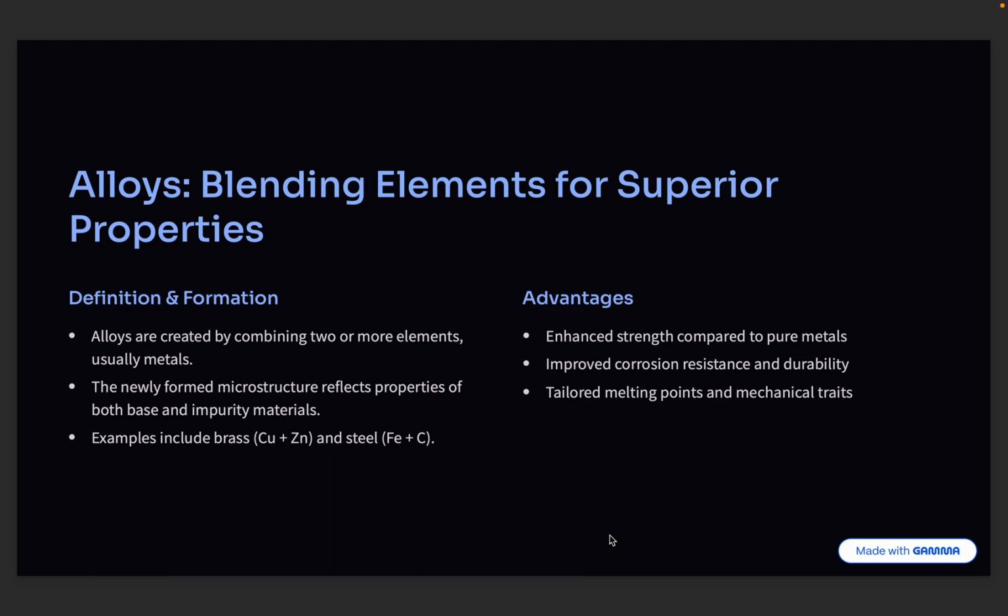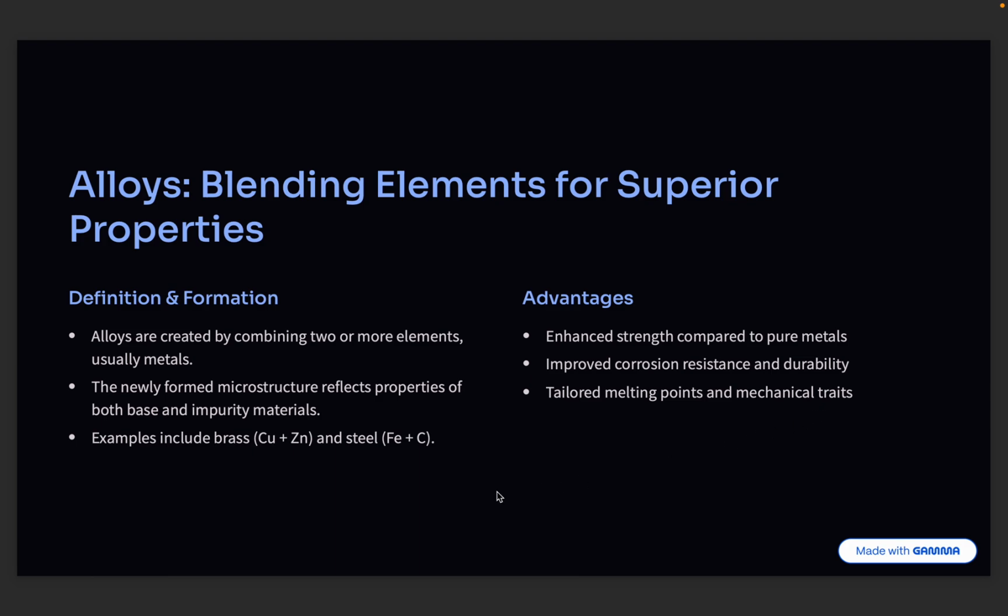The main concept of an alloy is that if we combine two metals, the resultant metal will reflect properties from both. The advantages of alloys are enhanced strength compared to pure metals, improved corrosion resistance and durability, and tailored melting points and mechanical traits.